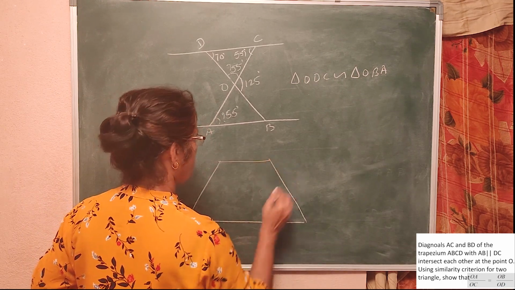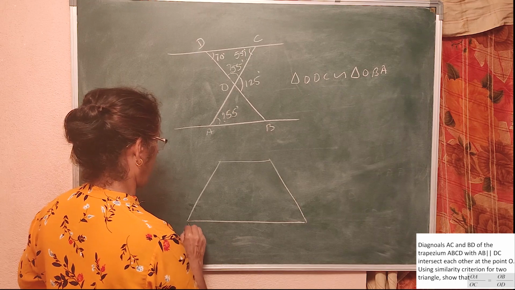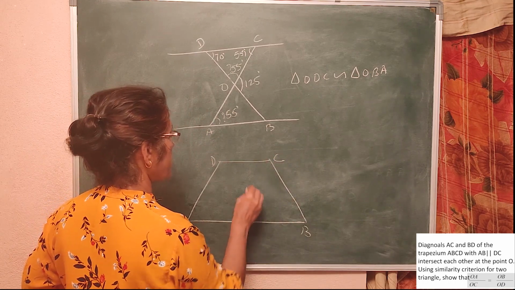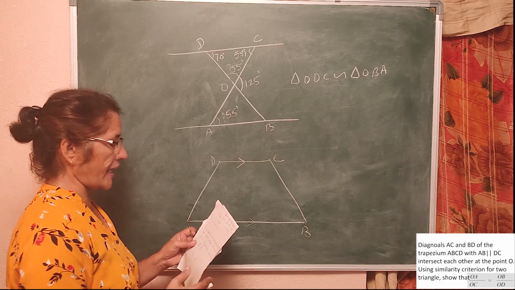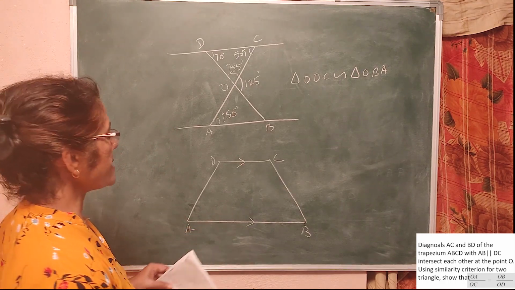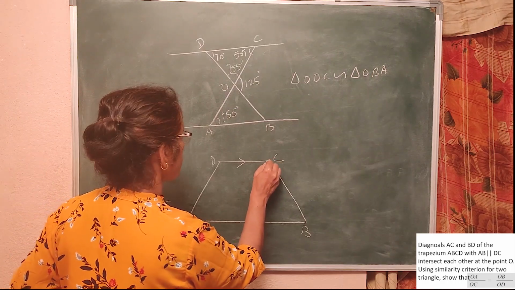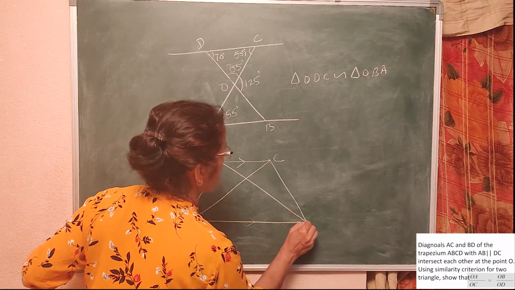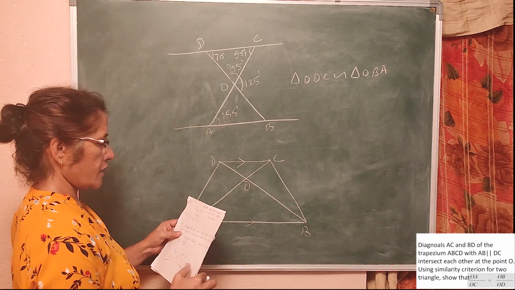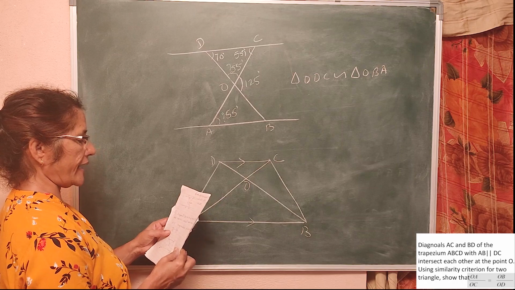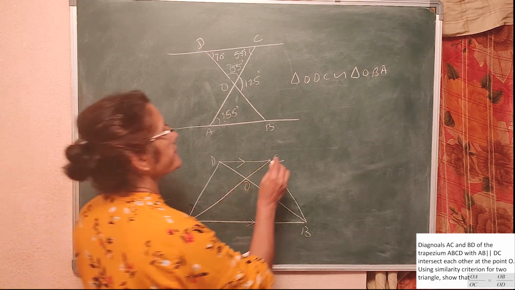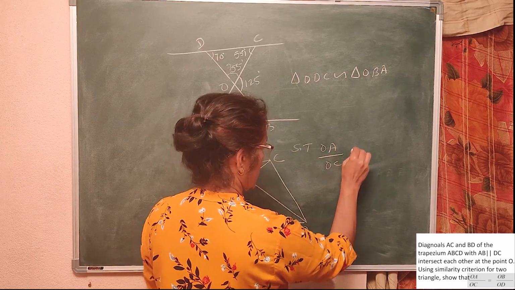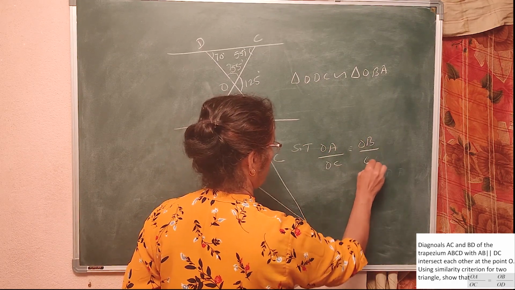Let me say AB is parallel to CD, and AC and BD intersect each other at O. Using similarity criteria, show that OA by OC is equal to OB by OD.